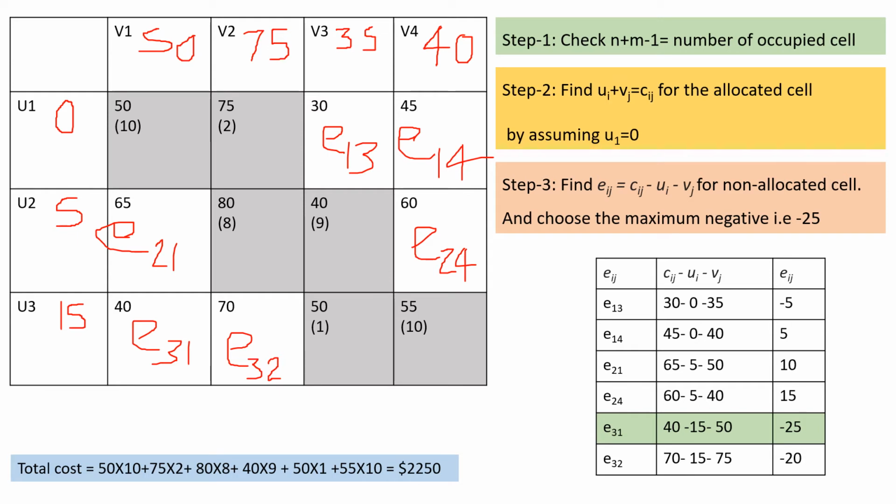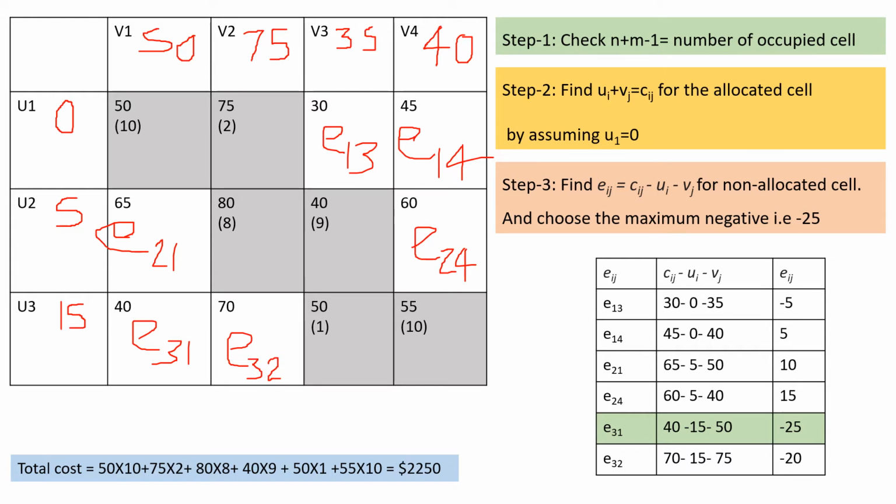For E24, 60 minus 5 minus 40. For E31, 40 minus 15 minus 50, we get minus 25, and E32, 70 minus 15 minus 75, so we get minus 20. From these Eij values, minus 25 is the maximum.